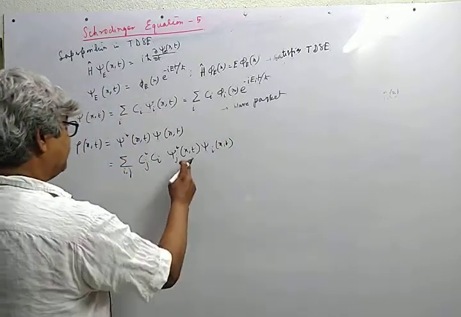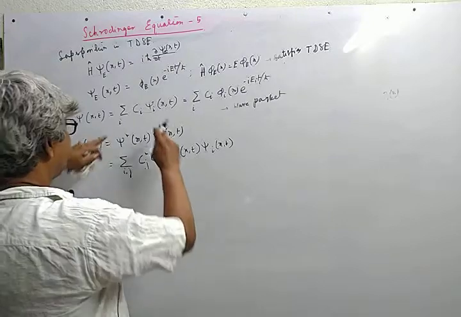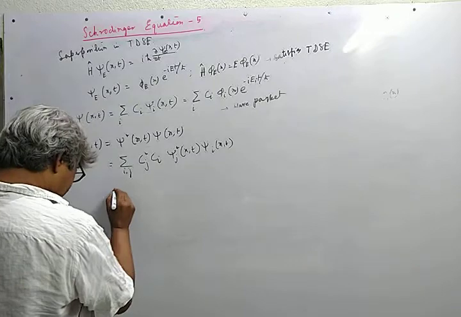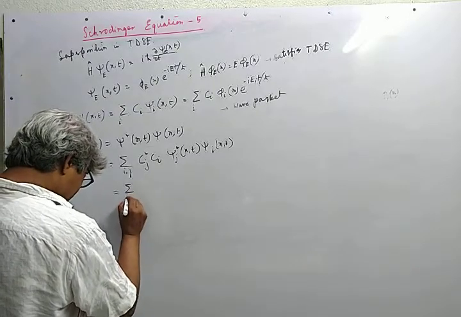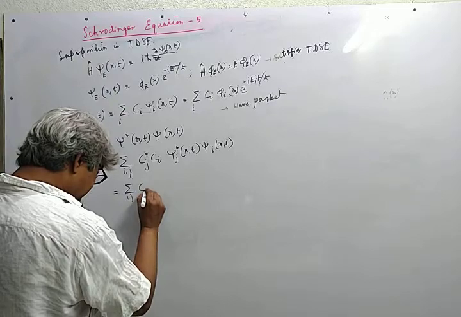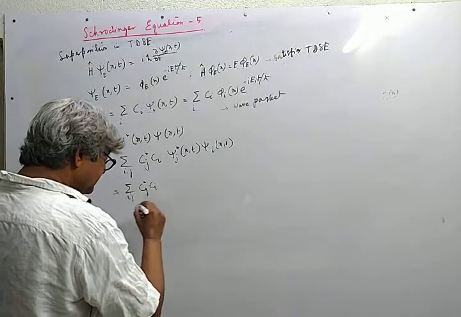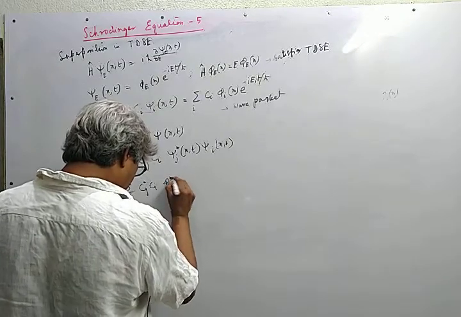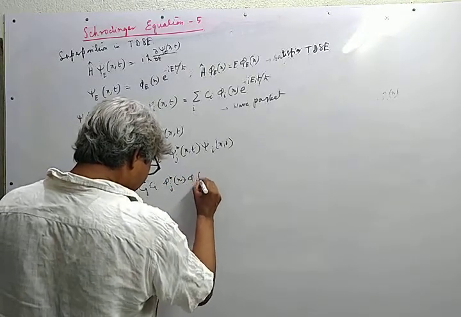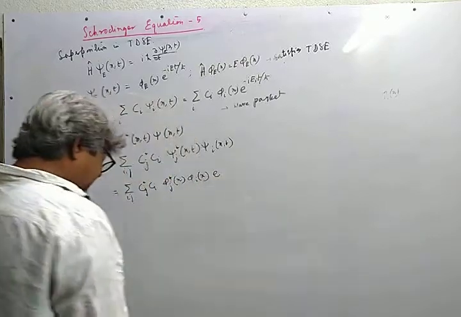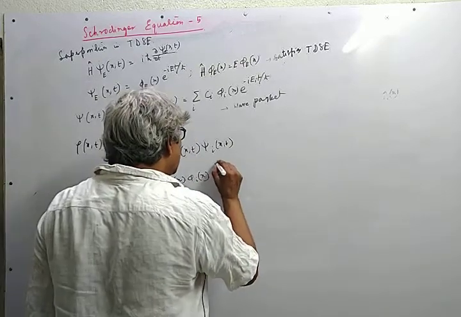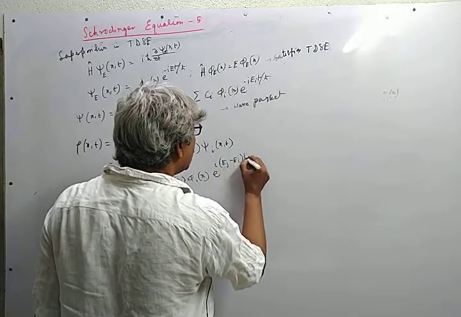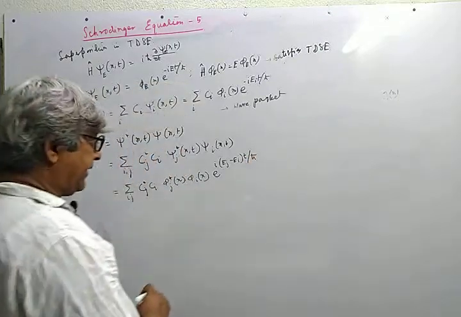If we write it in this form, then this becomes e to the power of (Ej minus Ei) t by h cross.